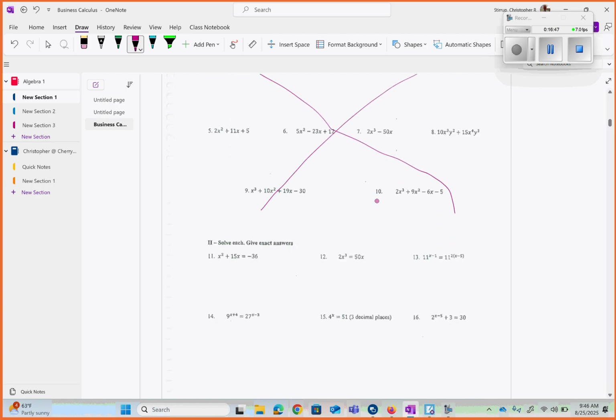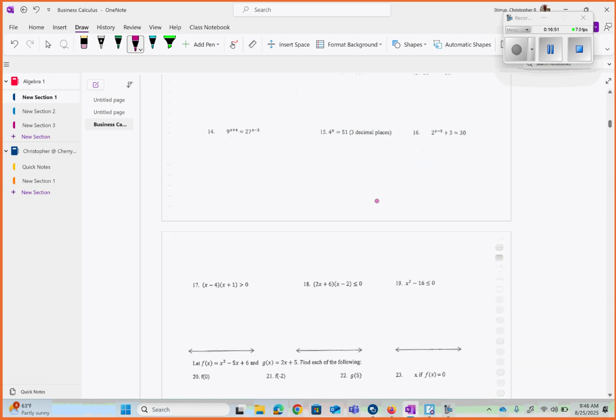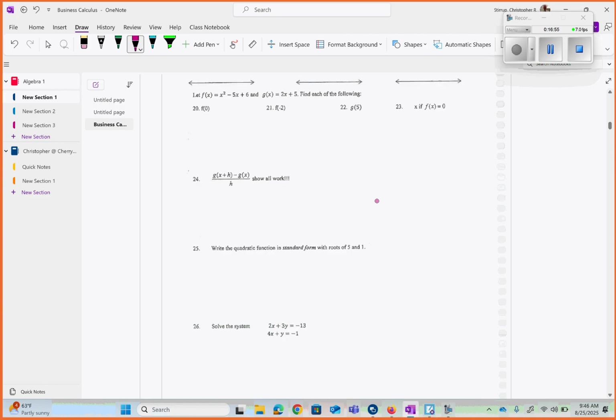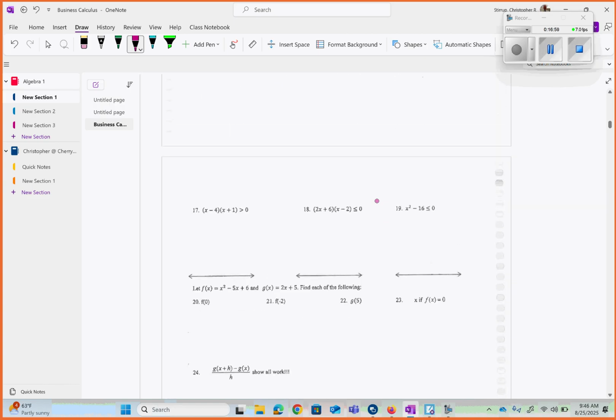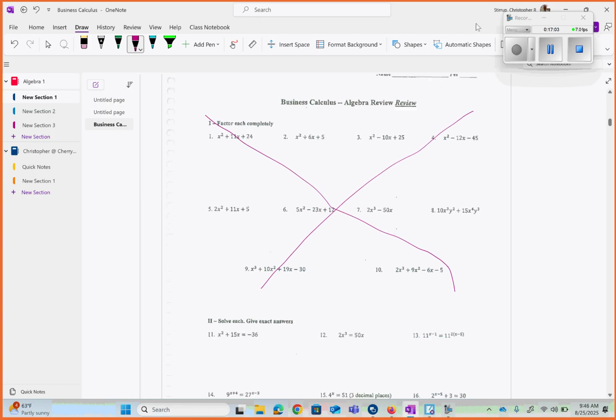Then look at 11 through 16. Take a look at 17, and it looks like all the rest would be easy enough to do. I'll give you the rest of the period to work on it, starting on number 11 and going through the rest of it. If you need help, I'm happy to help.